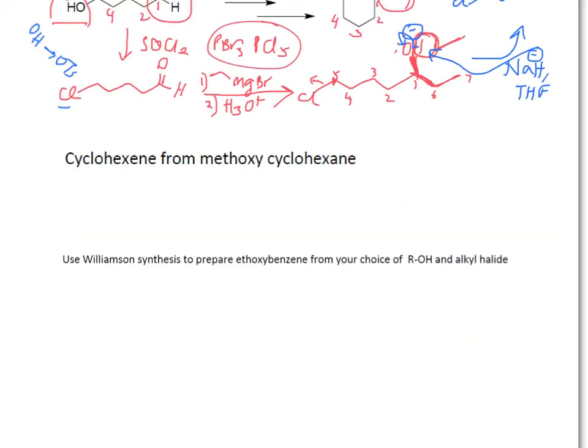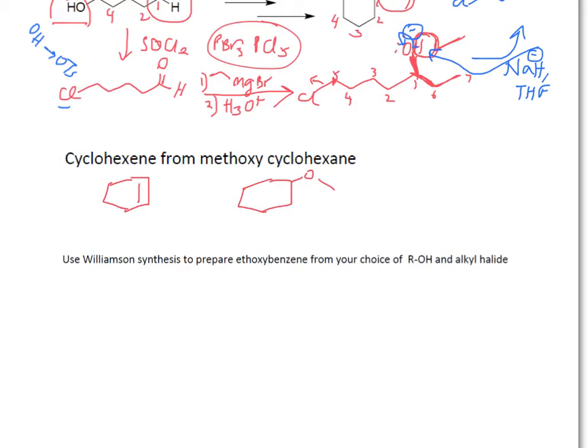Okay, I'm jumping back to slide number 1 because I've missed these two for some reason. The question is you have to synthesize cyclohexene from methoxycyclohexane. So that's right here. And that's a pretty straightforward question.